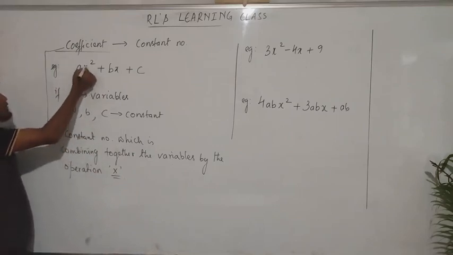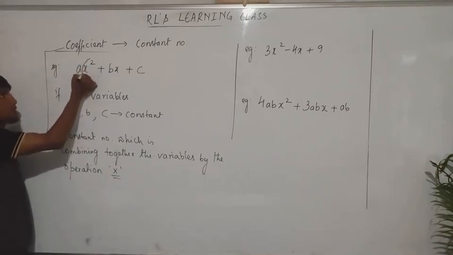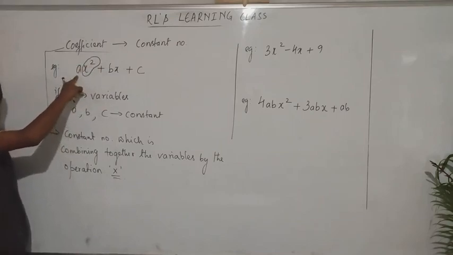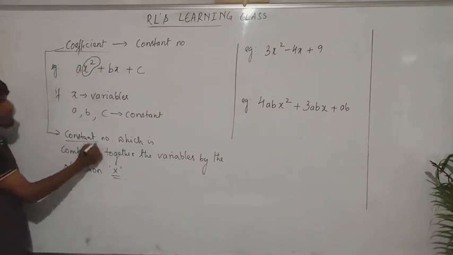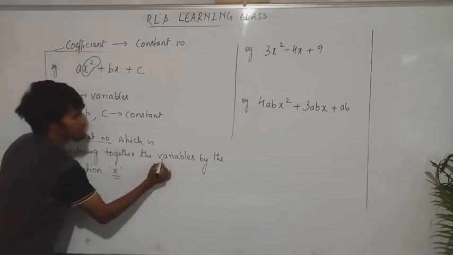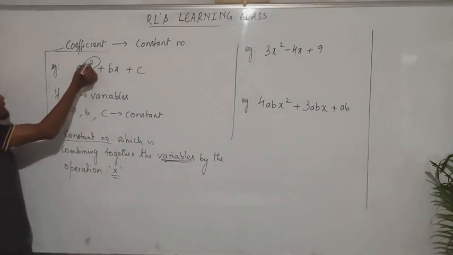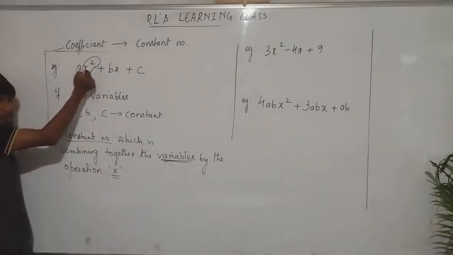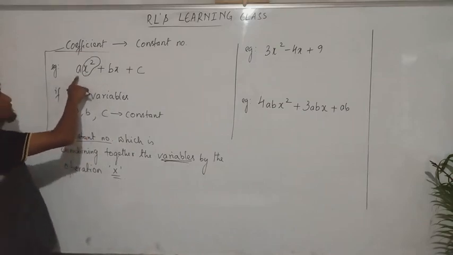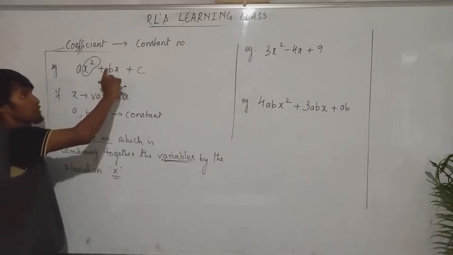Okay, look here. Now here x is the variable. What is the coefficient of this x squared? The coefficient is the constant number which is combined together with the variable. What's the variable here? x squared is the variable, and a will be the constant. Then this a will be called the coefficient of x squared, and this b will be the coefficient of x.